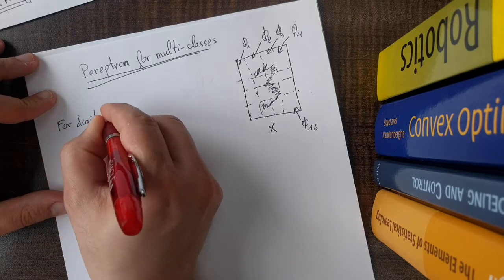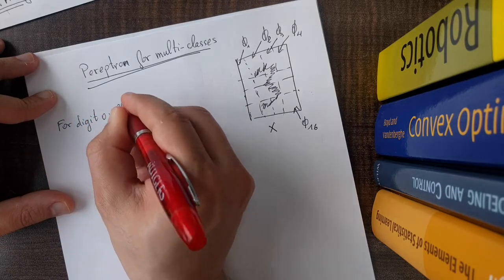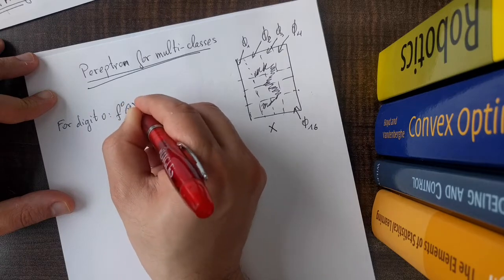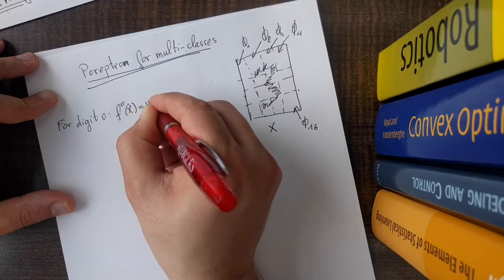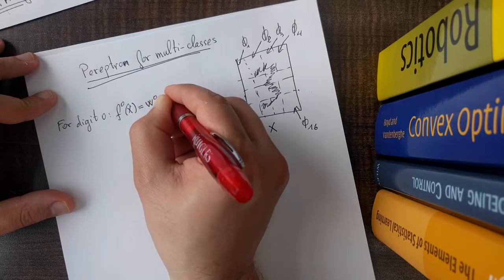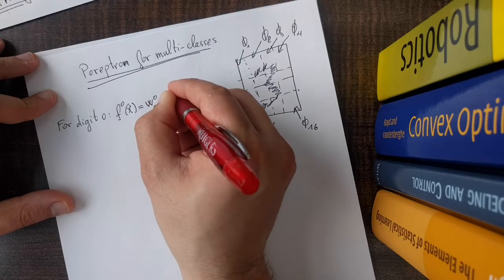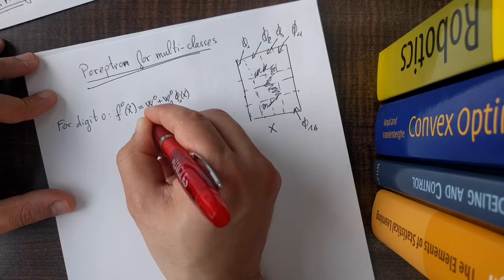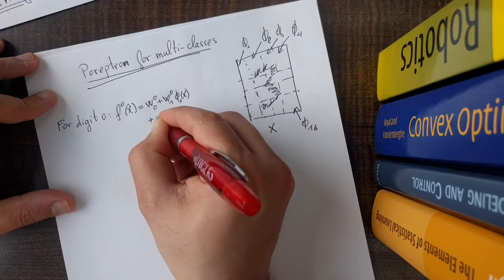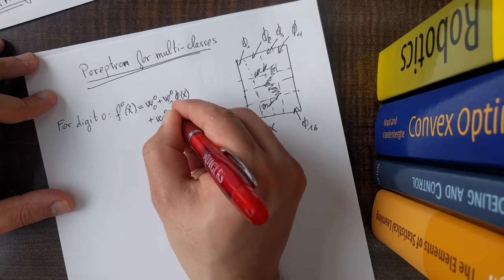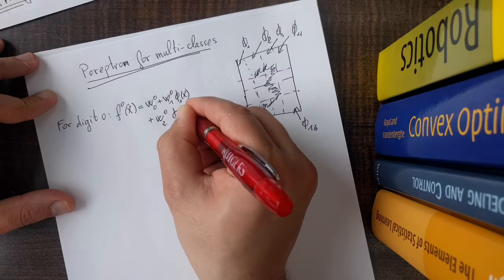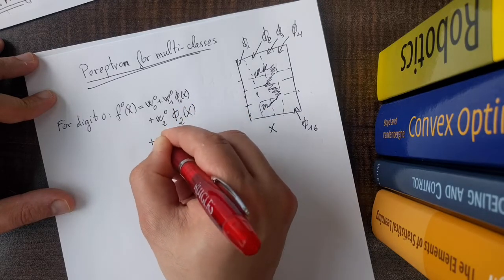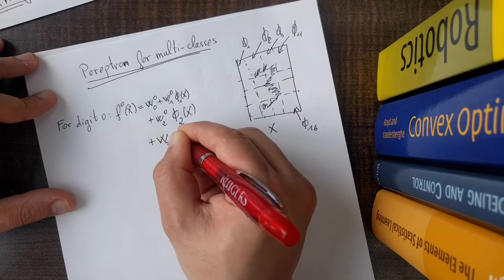So for digit 0, we'll have a perceptron that we call f0 that takes as input X and computes W0 0 plus W1 0, the weight associated with the first feature, plus W2 0 for the second feature, plus W3 0 for the third feature.